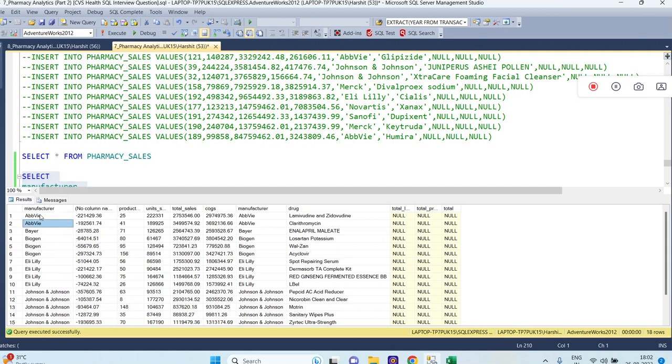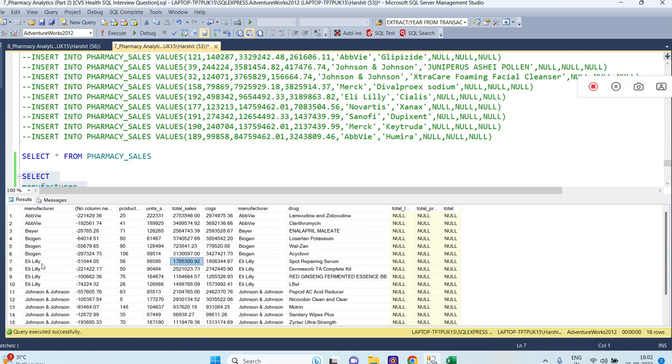Here, multiple rows are given based on all the manufacturers, right? So we need to group by manufacturer only, because we want only a single record for each manufacturer.